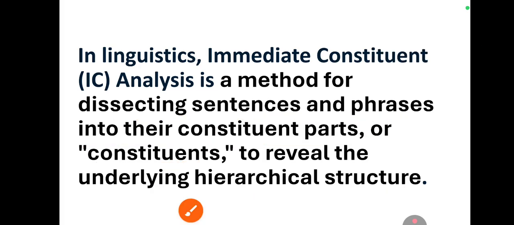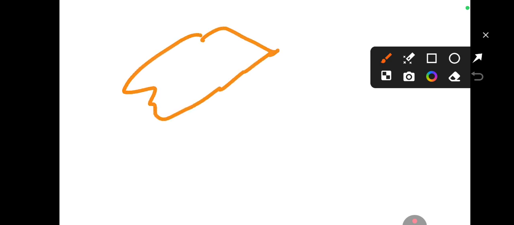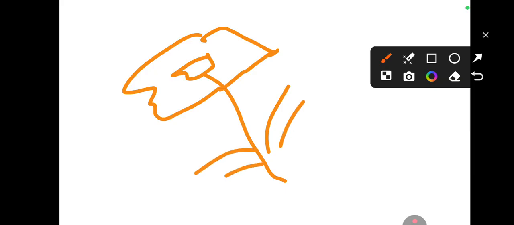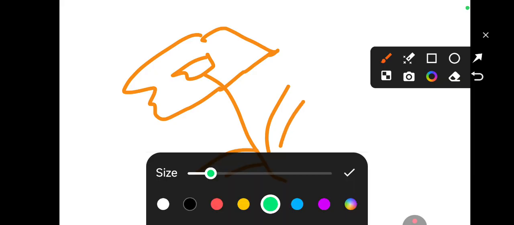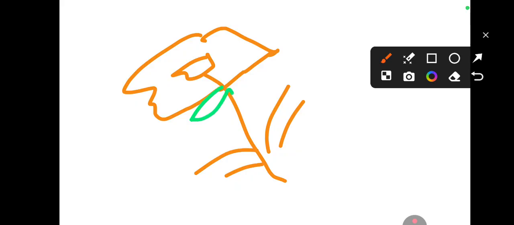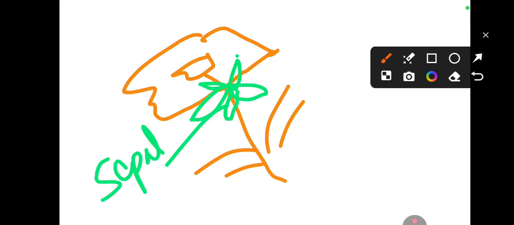Okay, you must have heard that in our school days we have done dissection, right? In that dissection there is this green part which is called sepal, right?